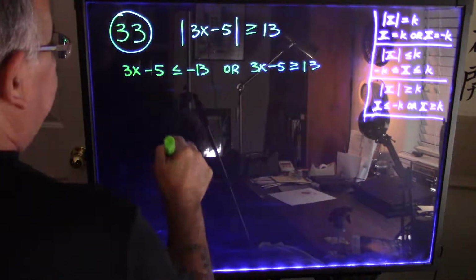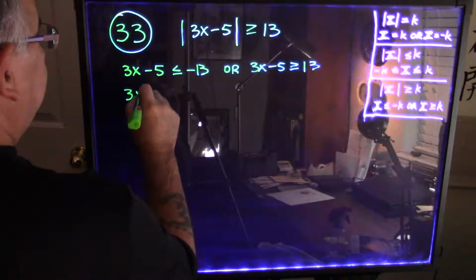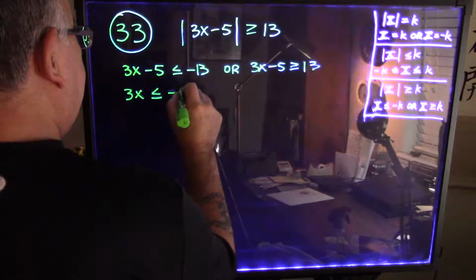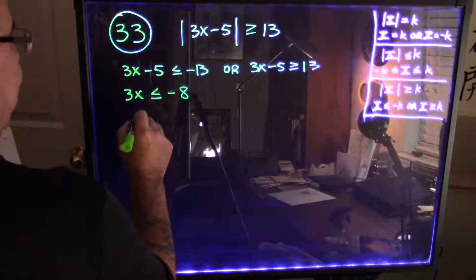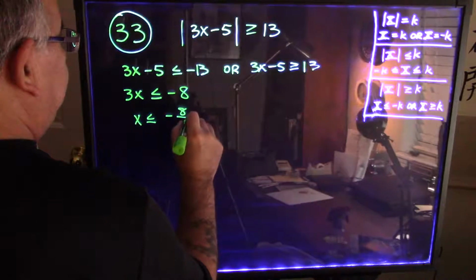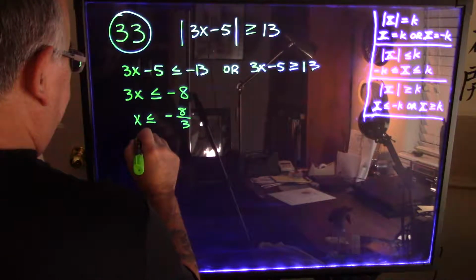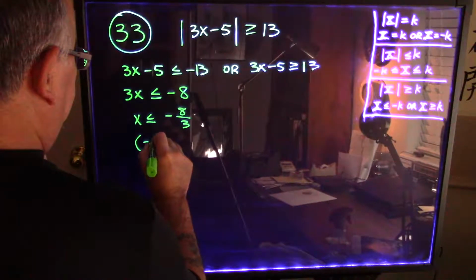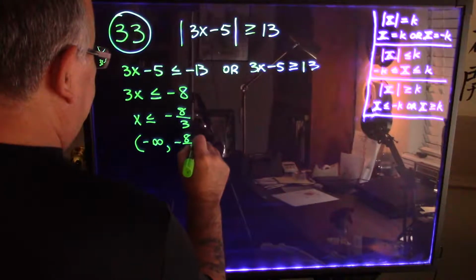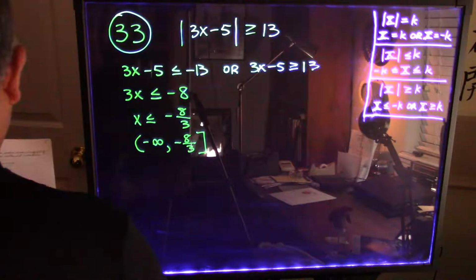So add 5 to both sides, so you get 3x is less than or equal to negative 8. Divide both sides by 3, so you get x is less than or equal to negative 8/3. So we have this interval negative infinity to negative 8/3, including that endpoint.